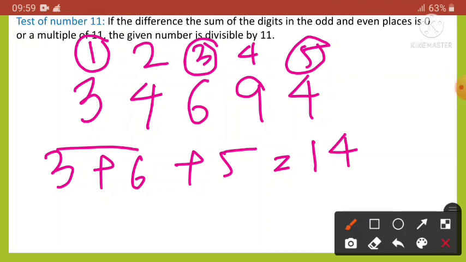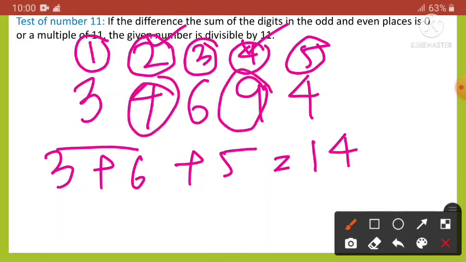And then we have to add all the even places. So we take the second place number and fourth place number, because second and fourth are the even places. So here it is 4 and 9. So 4 plus 9 is equal to 13.